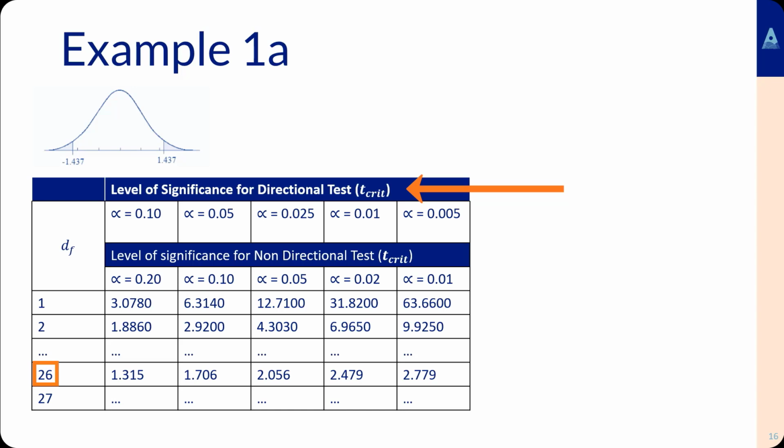And you can see there's level of significance for directional tests, that's one-tailed, and also level of significance for non-directional tests, or two-tailed. So we want to be in the 0.05 column. Alpha equals 0.05. That's our alpha we've set.